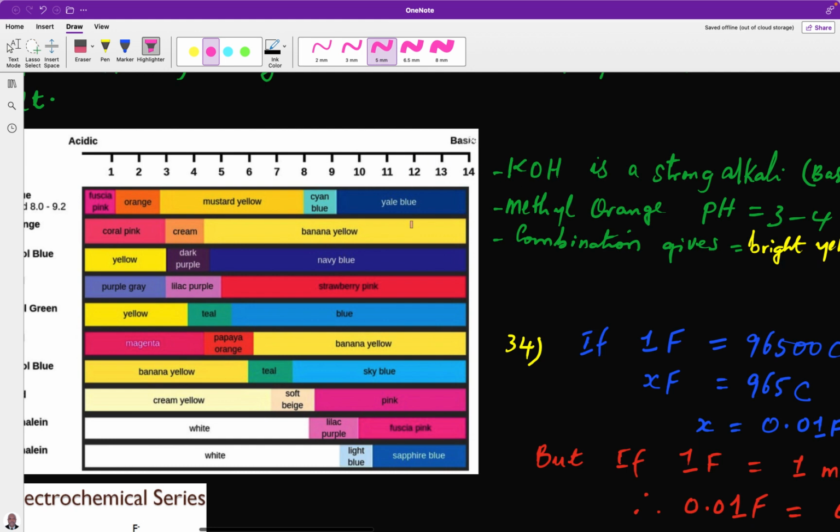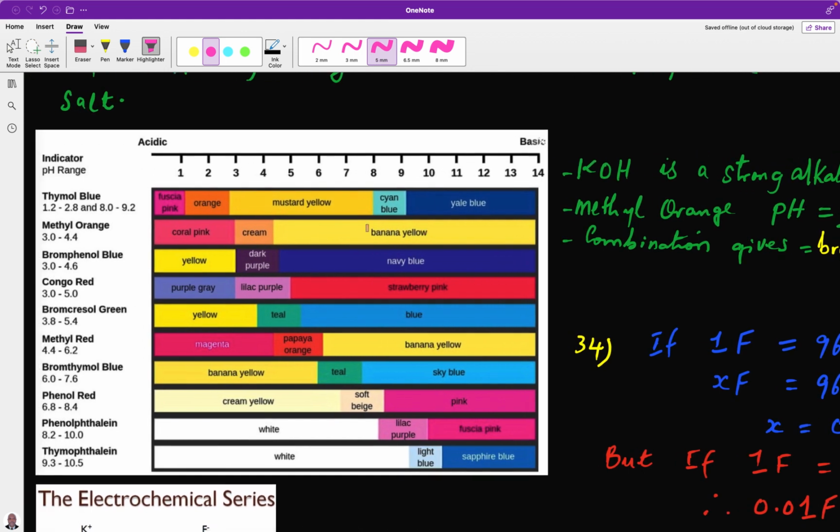So this is going to be the pH of methyl orange in potassium hydroxide. It has a pH from 12 to 14, so it's supposed to be yellow, because at a lower pH, these are their colors.